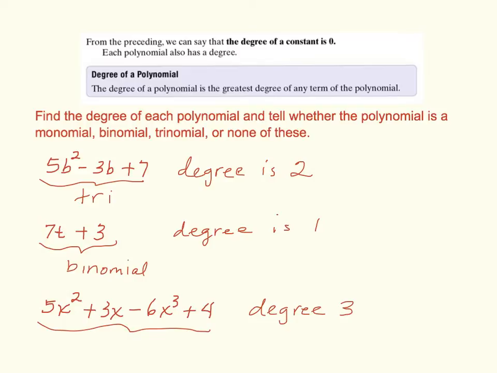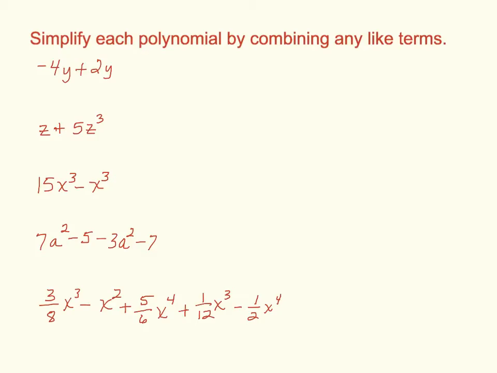Now we're going to simplify each polynomial by combining any like terms. Now remember, like terms are terms that have exactly the same variable raised to the exact same powers. So if we can combine them, we combine them according to like terms. Negative 4y plus 2y, are they like?